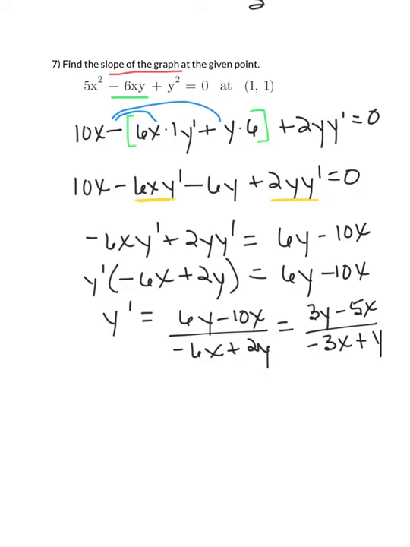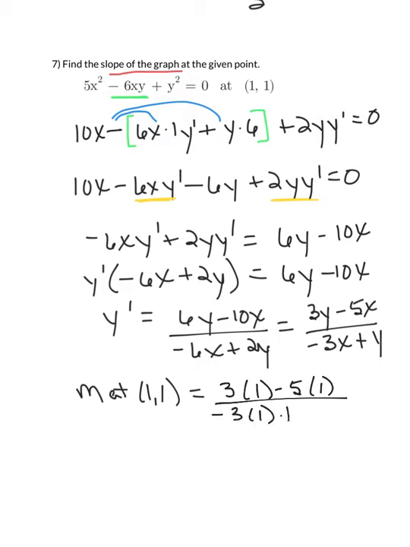Now that we have the derivative, we need to find the slope of the graph. That means plug in the values 1 and 1. 3 times 1 minus 5 times 1 over negative 3 times 1 plus 1.